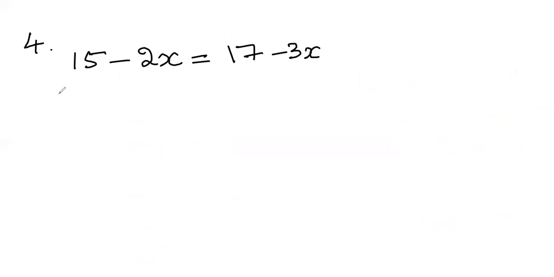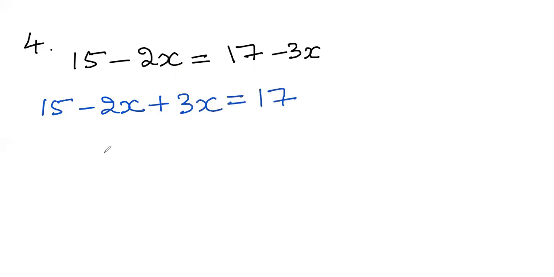We will keep minus 2x on the left hand side. We'll bring minus 3x to this side, because 3x is being subtracted from 17. So on this side it becomes addition. Or we are adding 3x on both the sides, equal to, now we have 17 here.